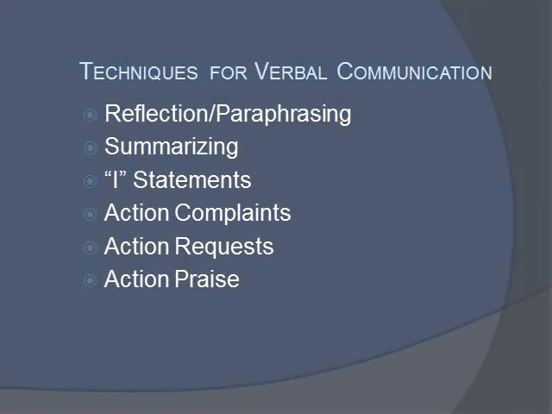We go about this exchange of information by using specific techniques for verbal communication. Remember that you will be trained in all of these in greater depth during your RA induction. The first technique to use for successful verbal communication is reflection and paraphrasing. What does this mean? It means acting as a verbal mirror.